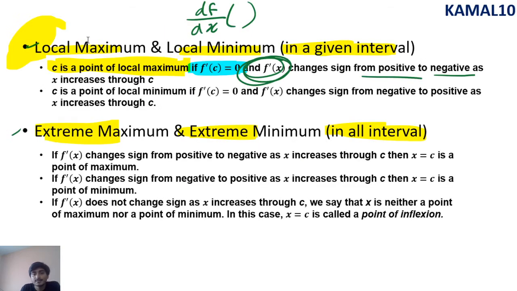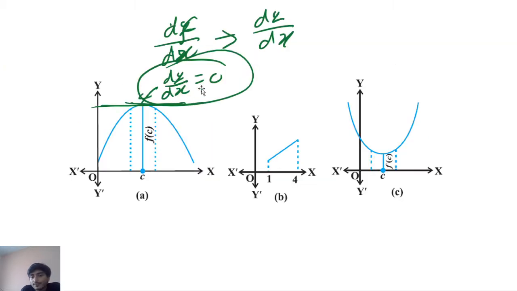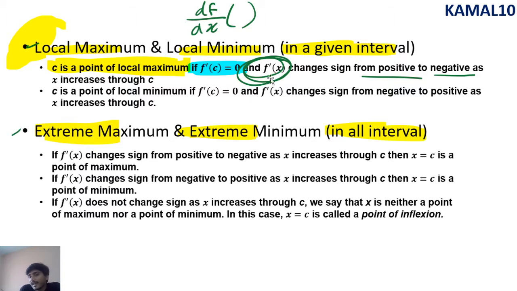So in this case f dash of c is equal to 0, and the first condition is satisfied. Then the next condition is what? Just notice it: f dash of x changes from positive to negative as x increases through c.